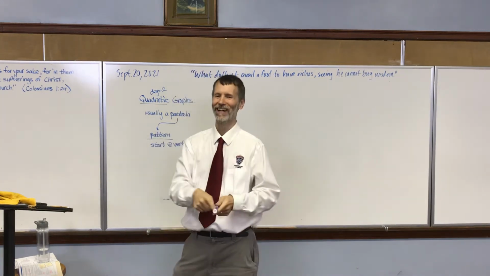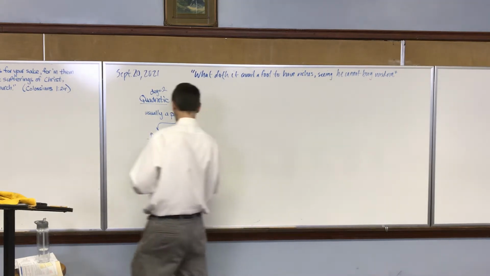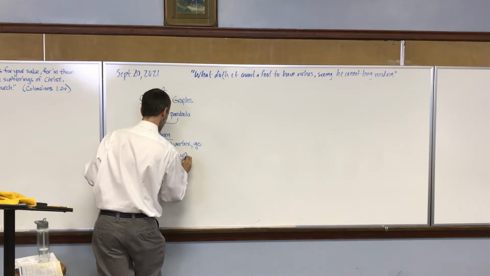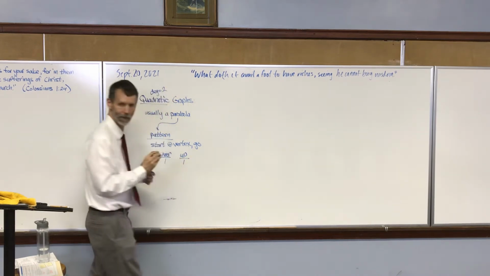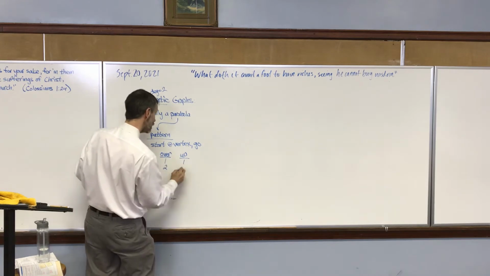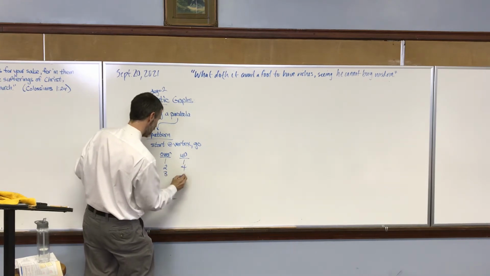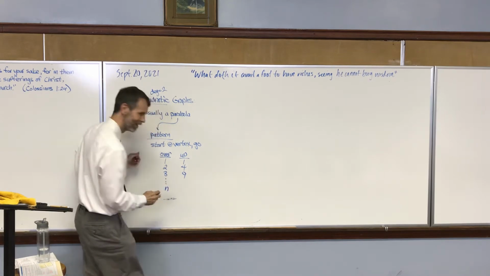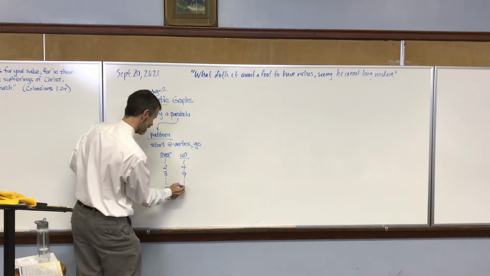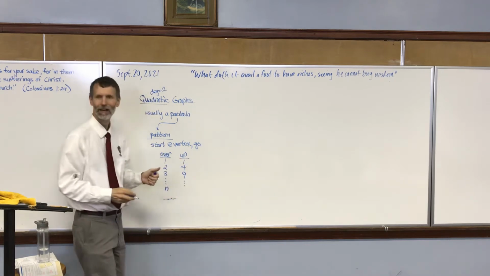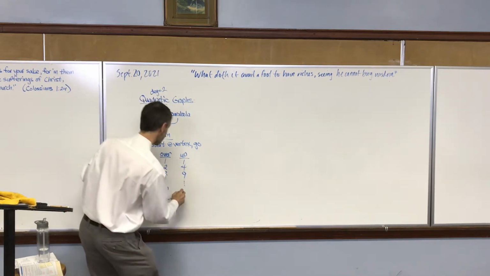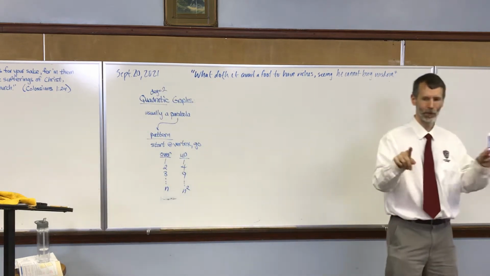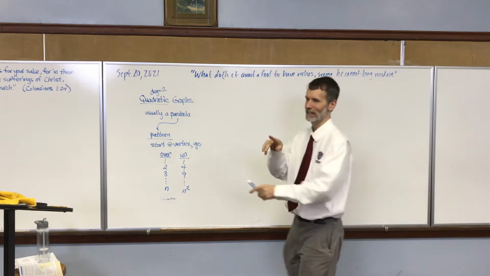Over 1, up 1. You do over first. So over 1, up 1. What's the next one? Over 2, up what? 4. Over 3, up 9. And then blah, blah, blah. What if I went over n? How do you get the next number? N squared, okay. So that's the normal parabola pattern. Over 1, up 1. Over 2, up 4. Over 3, up 9, etc.